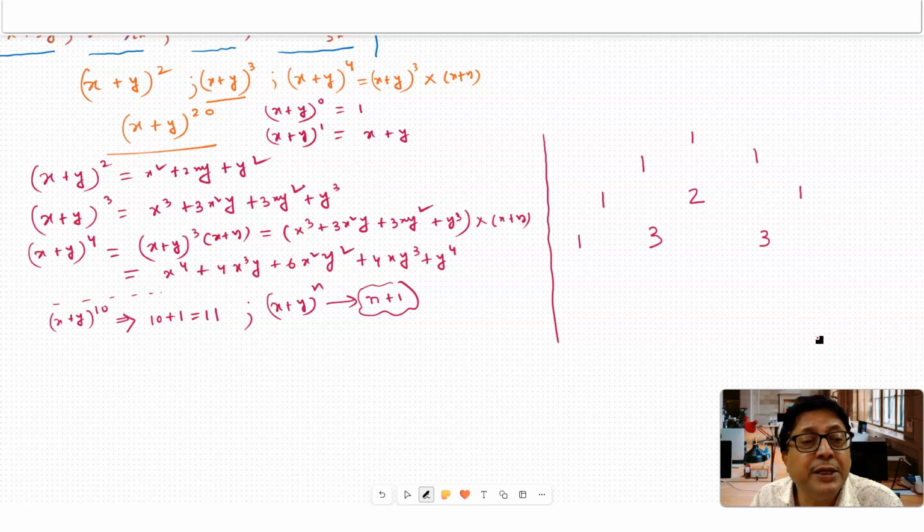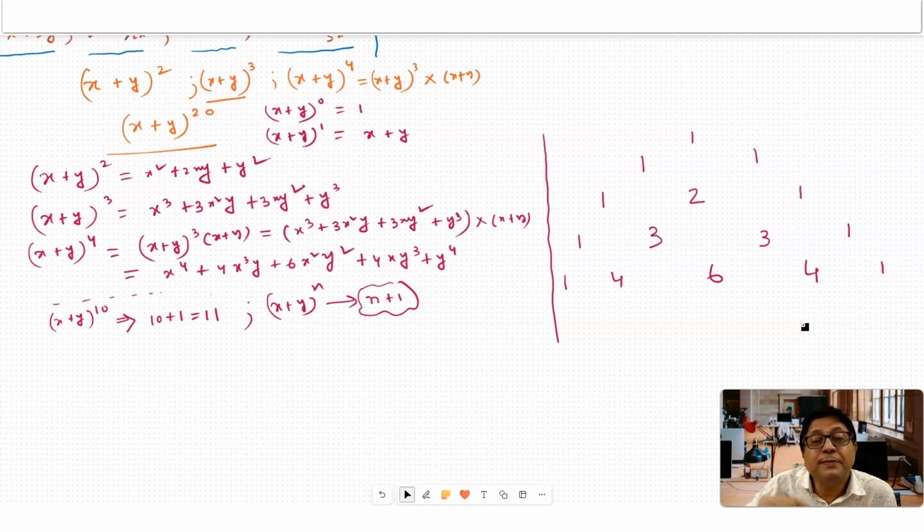This one 3 and this one 1. Now it will be 1. Write 4 here, 6 here, 4 here and 1 here. So what I did there? I wrote coefficients only. Coefficients of these expansions we have taken here.